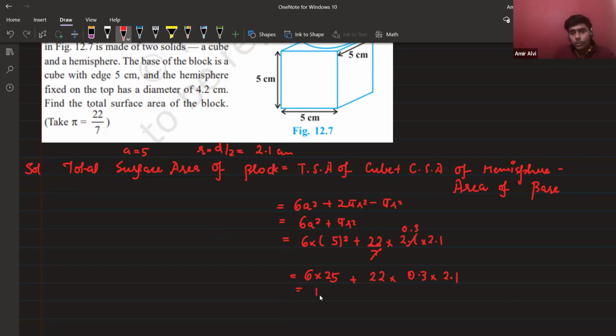So it is 150 plus 13.86, which equals 163.86 centimeter square. So this is your answer.